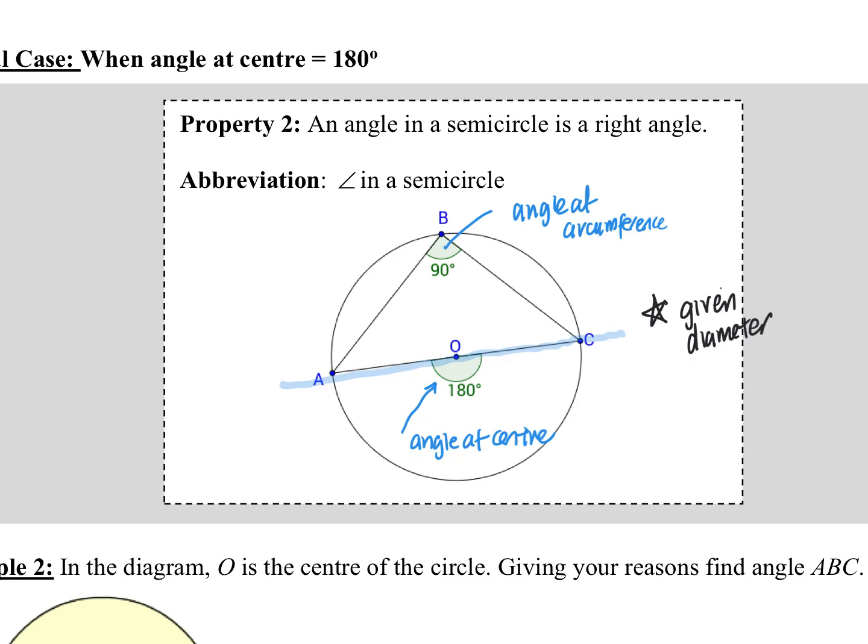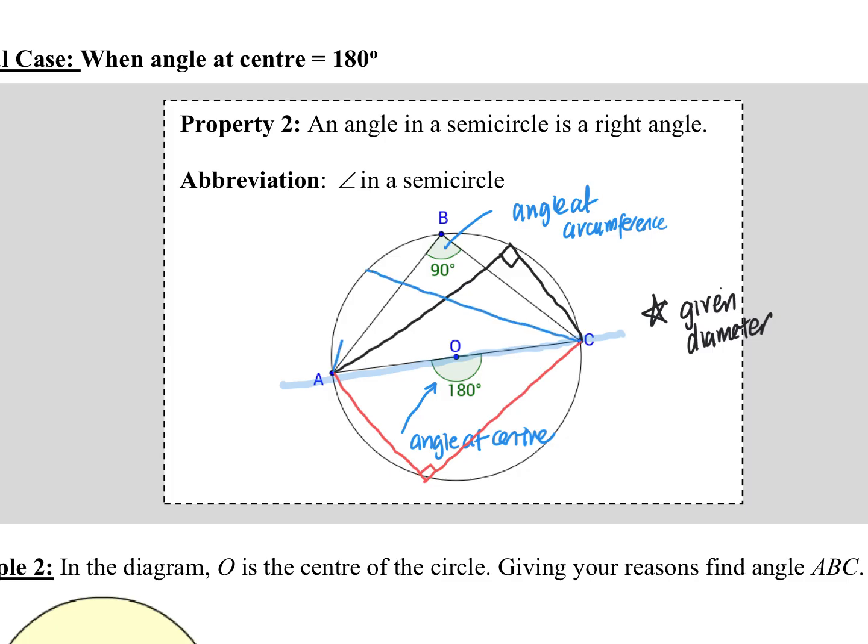So if they give you diameter already, and then they say they join to an angle on the circumference, that triangle you see will always be 90-degree triangle. So example I draw here, I say let's meet here. This will be 90. Yeah. So here, I say let's meet here. It will also be 90. Okay, doesn't matter where they meet.